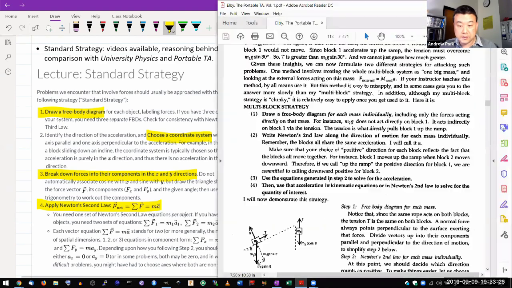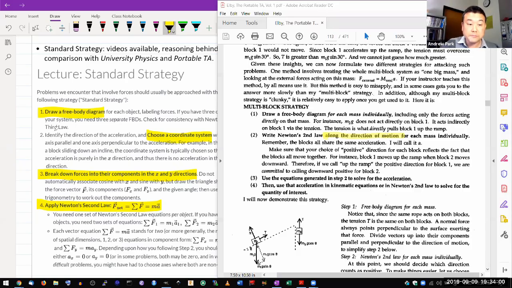In this strategy, he's giving you something a bit one-dimensional, because he wants you to write Newton's second law along the direction of motion, defining one axis, the x-axis, along the direction of motion of the mass.